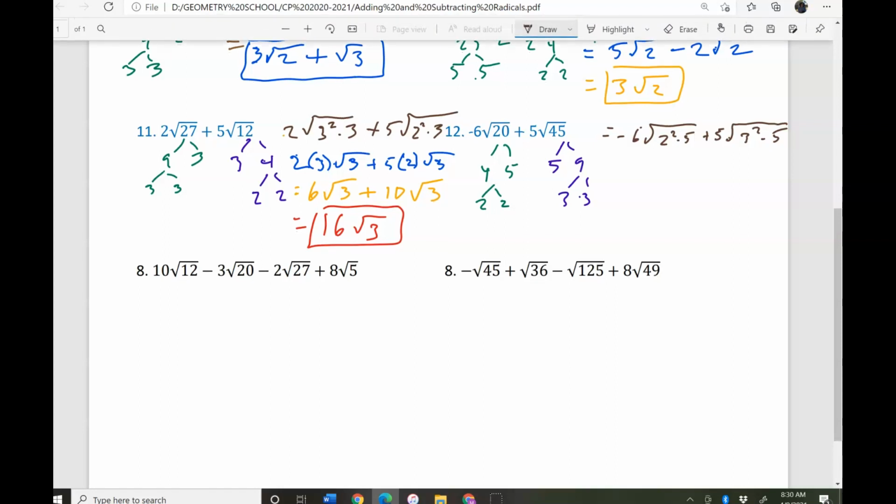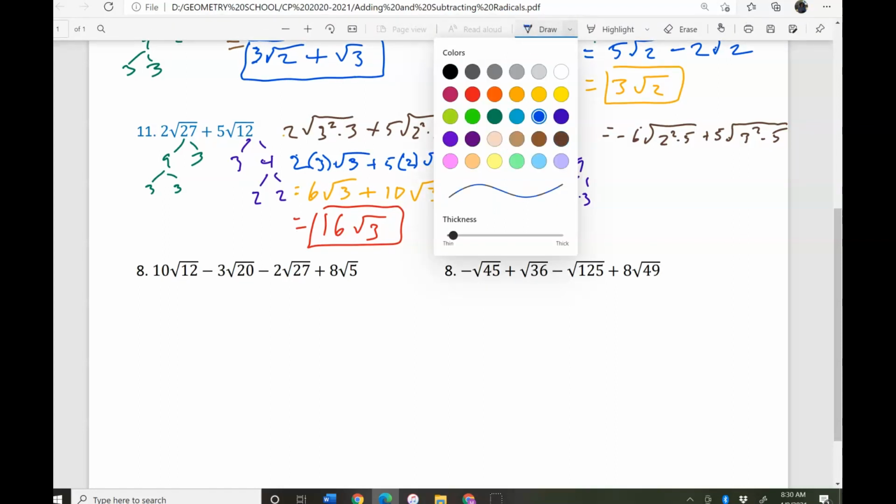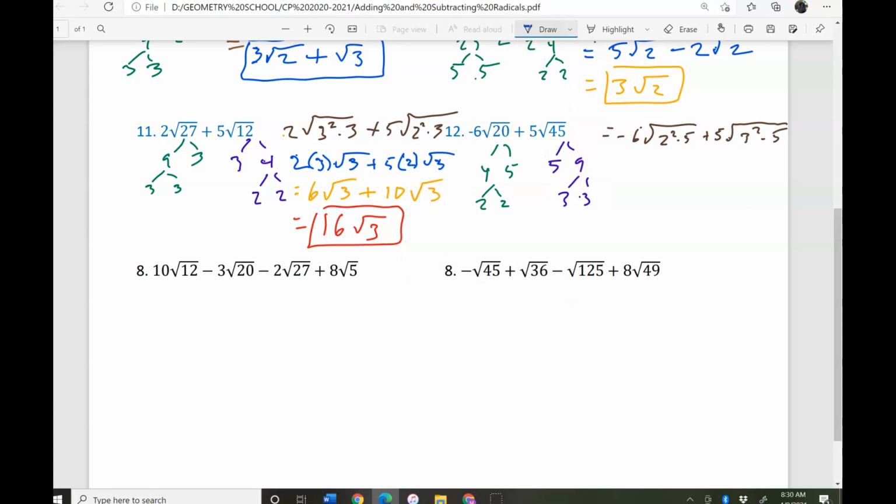Again, I want my good square kids to come out of the house. And if you're not a good square kid, you're going to stay in the house. So I get the negative 6 times 2 times the square root of 5 plus 5 times 3 times the square root of 5.